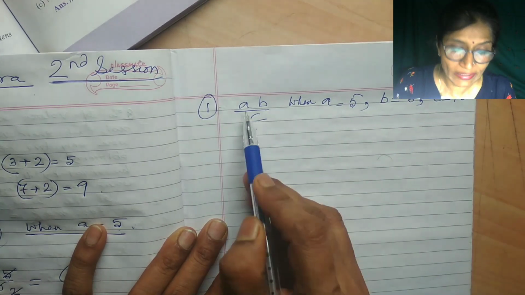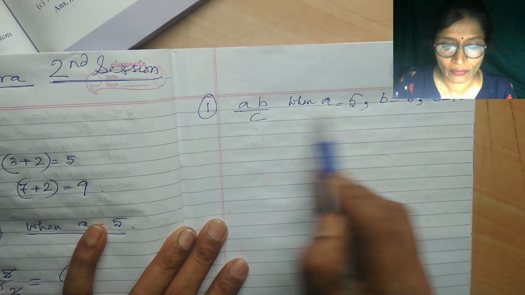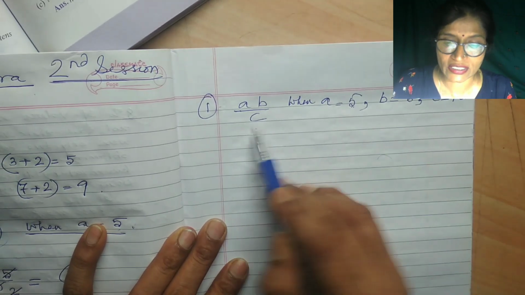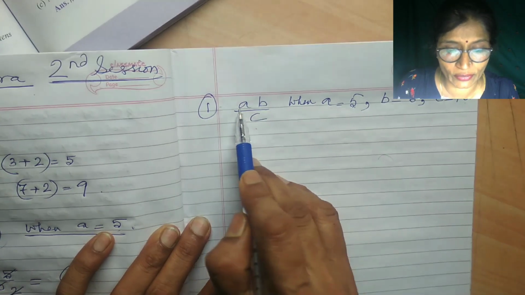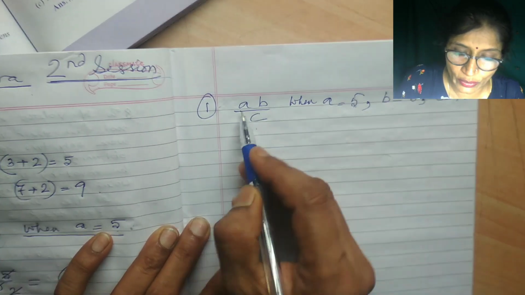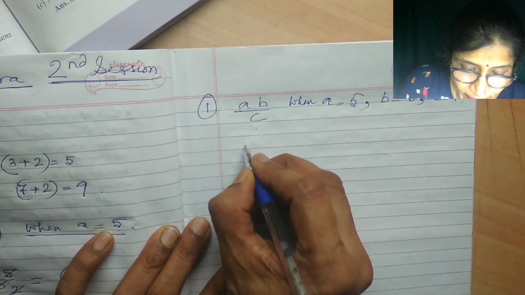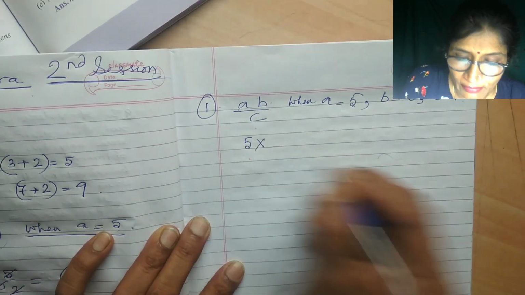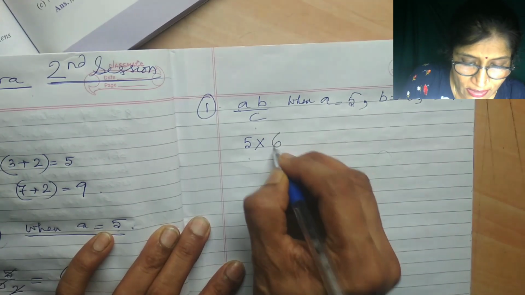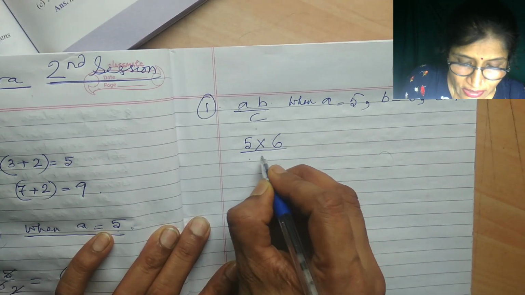So what will I do? I will substitute a with 5, b with 6, and c with 10. Then whatever value I get will be the value of ab by c. So instead of a, I will write 5. And this is ab, nothing between them means it is multiplication. And b is 6, divided by c, which is 10.